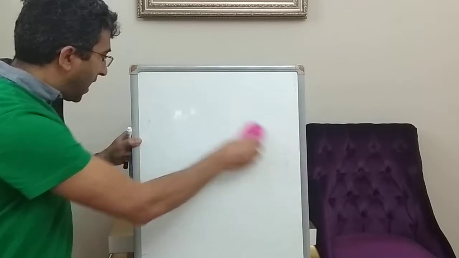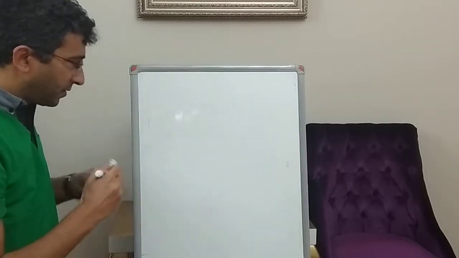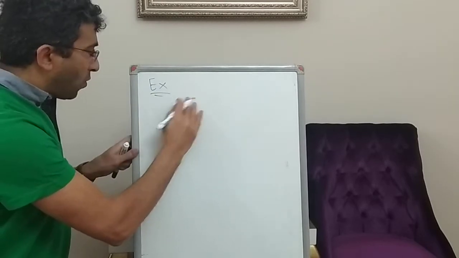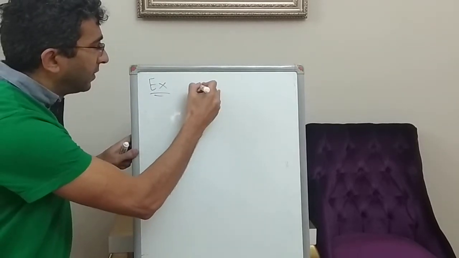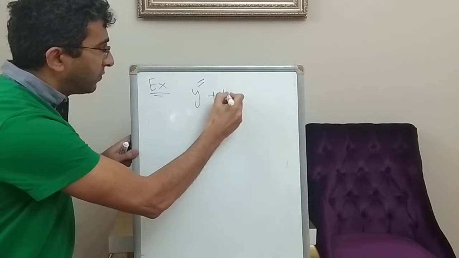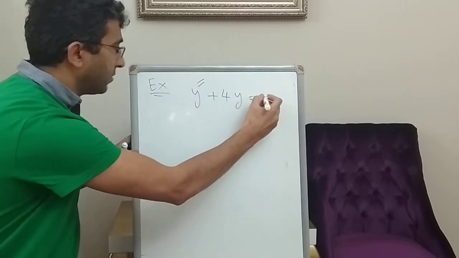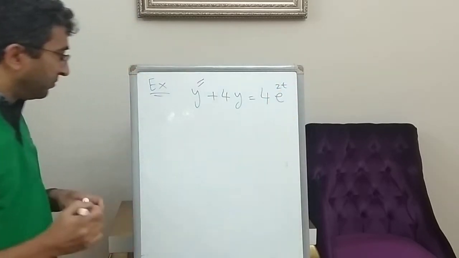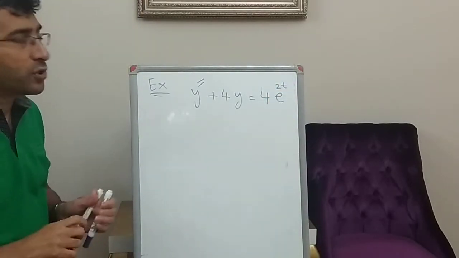So suppose I have the equation, for example, y double prime plus 4y equal to 4e to the 2t. I want to solve this.